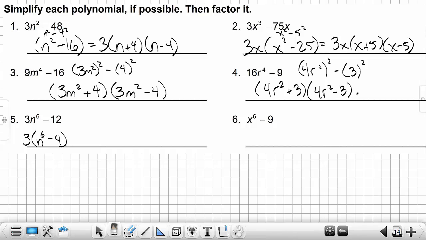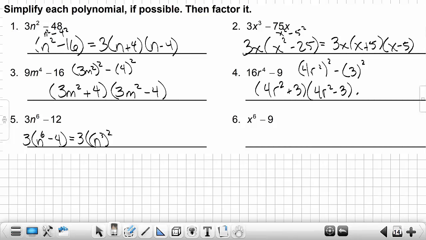So here it gets a little weird. n to the 6th is something squared. What is it squared? Yeah. Okay. So this is going to be n cubed squared.